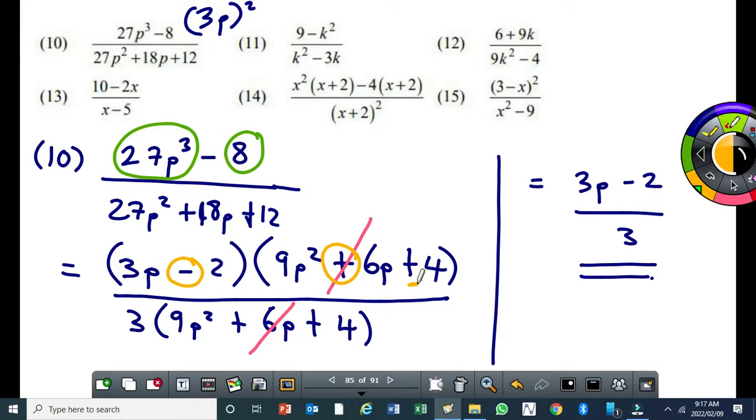This minus here is the same minus. Right? This 6p comes from multiplying this 3p and that 2, after you put the plus in. So 3p times 2 gives you 6p. Then the last term of the trinomial is equal to 2 squared, which is 4.